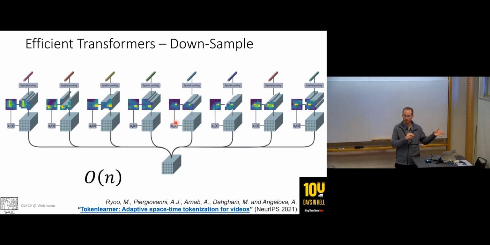This is something along these lines. They learned where the important tokens are. They didn't drop them, they averaged them into these specialized tokens. Now they have all the information there, and they do the processing on a fixed size and very small number of tokens. They can do it for images and for videos, and they show nice performance.